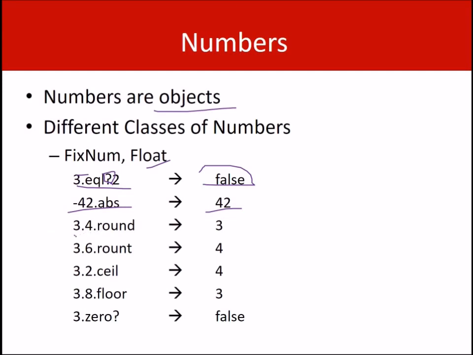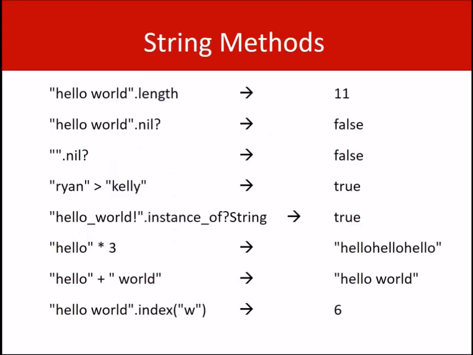You want to round 3.4, it will be just 3. 3.6 dot round, it will go to 4. Ceiling is the upper integer limit, 4. Floor is again the lower integer limit, that is 3. And 3.0 zero? If this is true, 3 is not 0, so it is false.